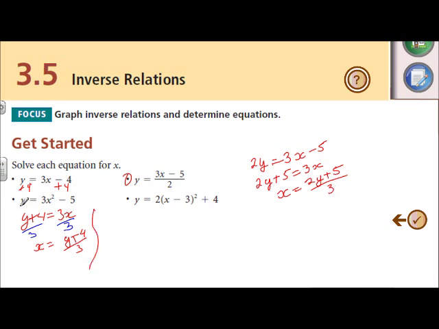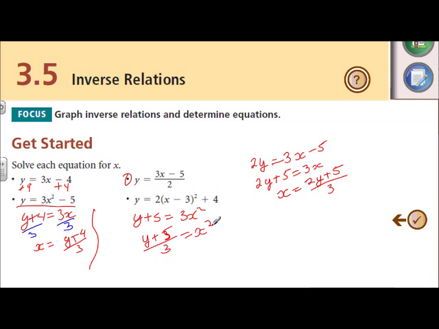And let's take the next one over here. So first thing we're going to do is add 5. So y plus 5 equals 3x squared. Divide by 3, that's the next opposite thing we do. So (y plus 5) divided by 3 equals x squared.